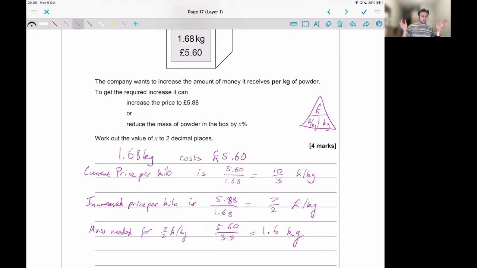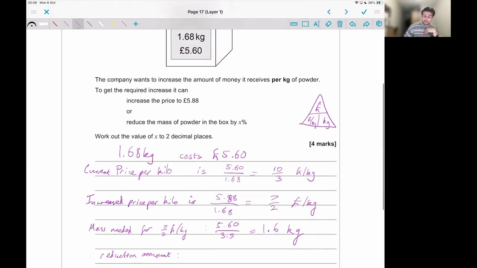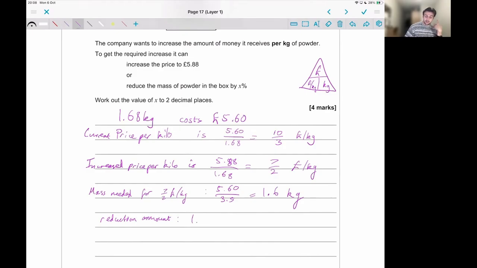It's not that big a difference. But what is that as a percentage? The reduction amount is 1.68 minus 1.6, which is 0.08 kilos.